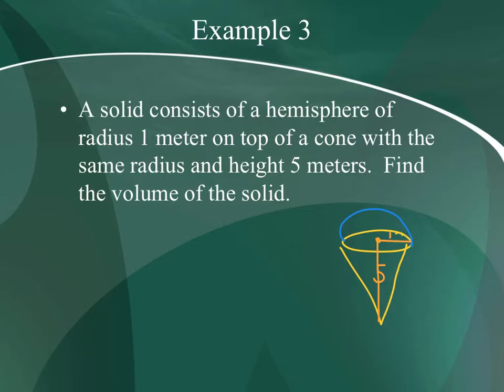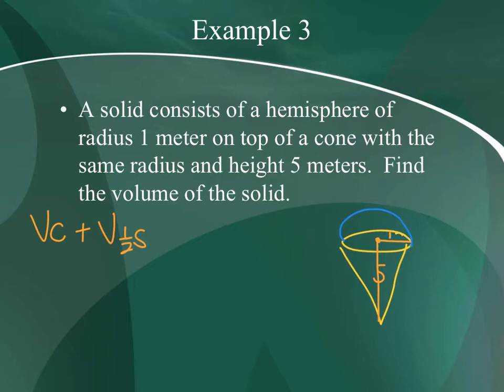How would I find the volume of the whole thing? I have to add the volume of the cone to the volume of half a sphere, right? Because a hemisphere would be half the sphere.